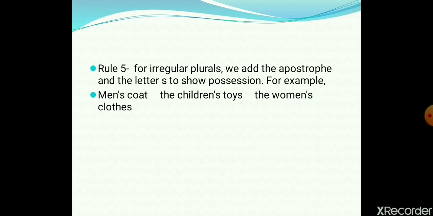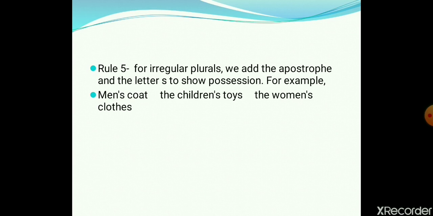So in rule 5, what are these? These are irregular plurals. Irregular plurals means what? Like child, children, right? Woman, women, right? Man, men. These are irregular plurals.